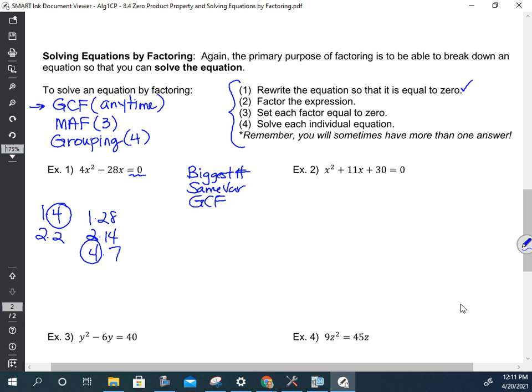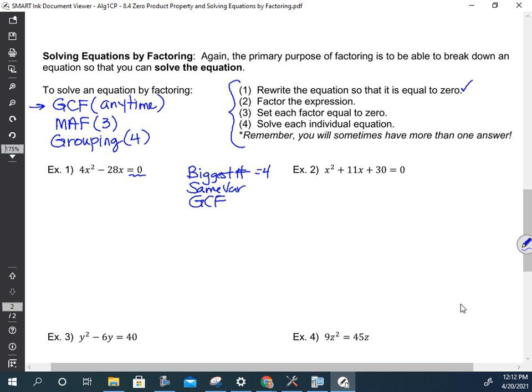This is the same thing we've been doing the last 2 weeks. So the biggest number is 4.